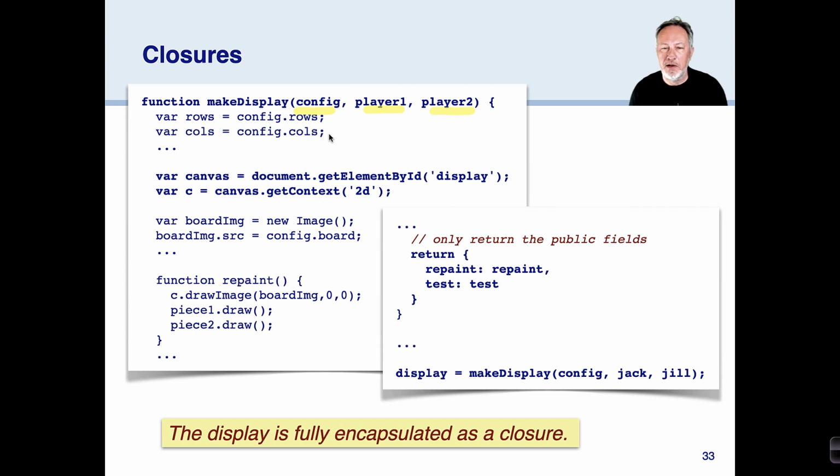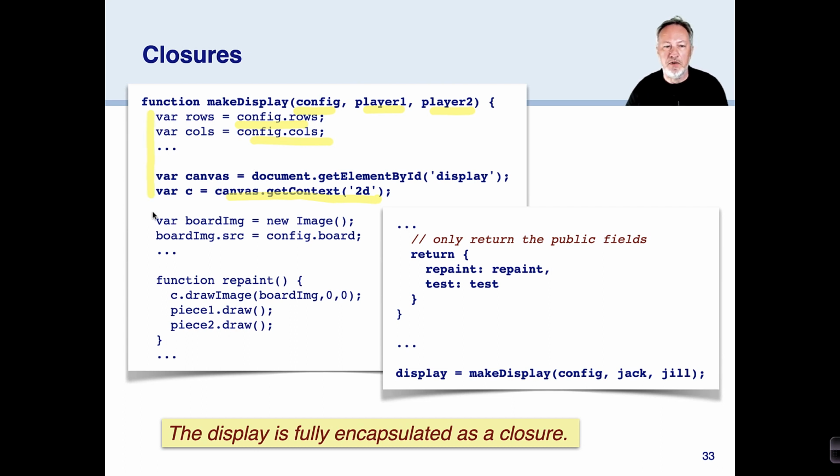And the configuration will specify the configuration of the game, in particular, the number of rows and columns. We will also get an image from an image file that we'll load in that shows a display of the game and further information. We'll also get from JavaScript access to a two-dimensional canvas that we can actually display things on.